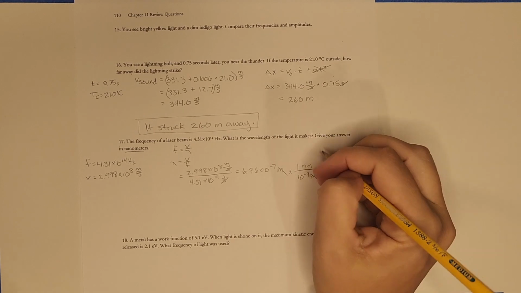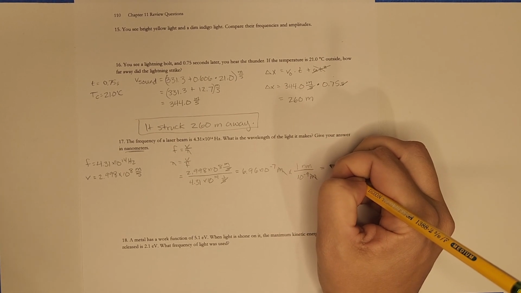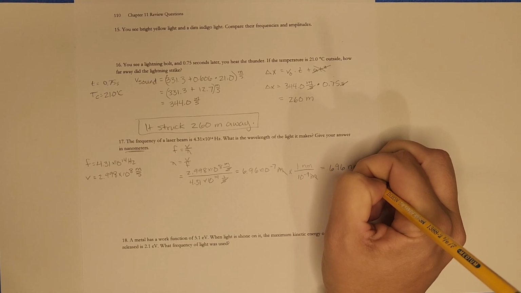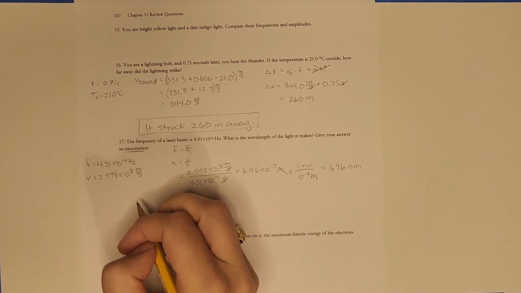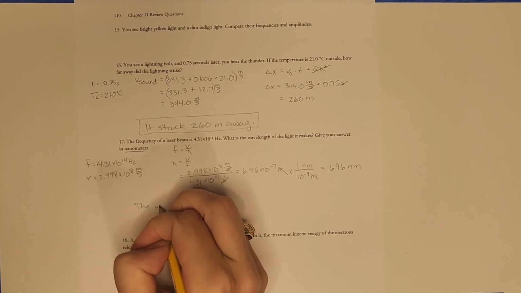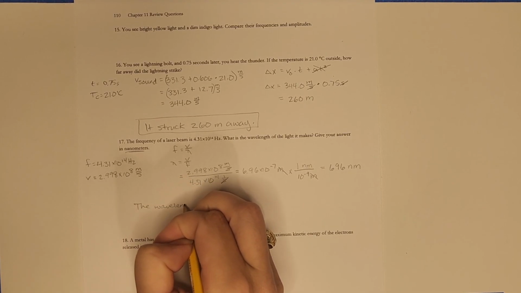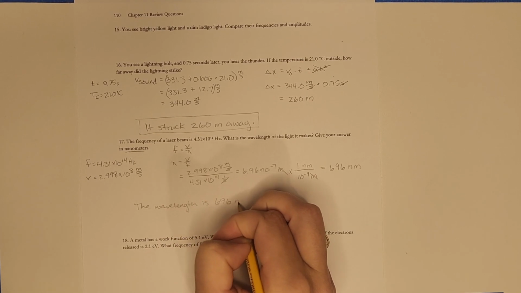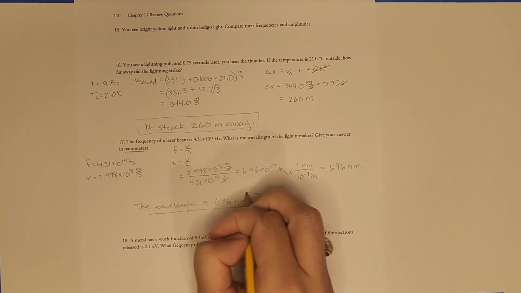And so we will get 696 nanometers. The wavelength is 696 nanometers.